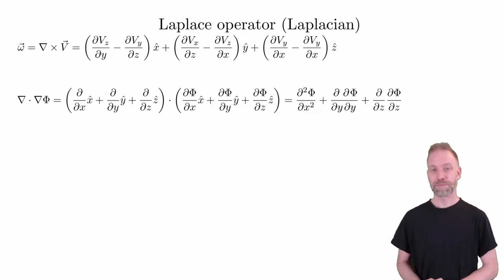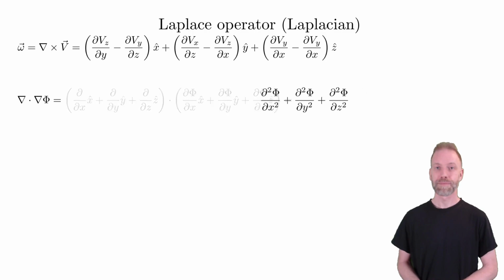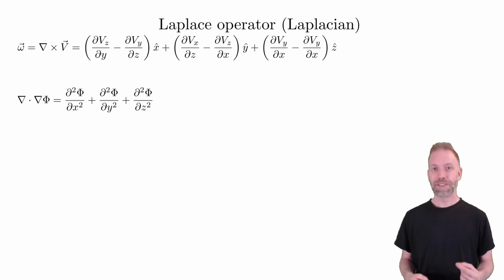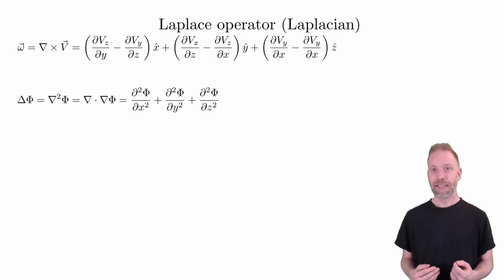Repeat for the other two. This is what we call the Laplacian. It can either be written by the delta symbol or by writing nabla squared. This is the most common version of the second order derivative for scalar functions in multivariable calculus.